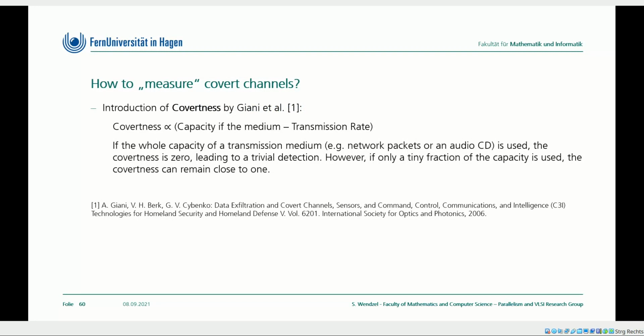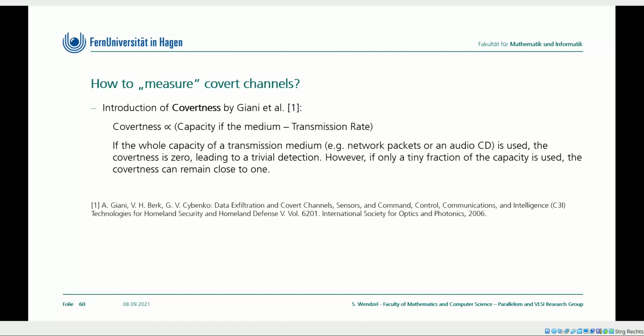Okay, so how do we describe covertness in general? Covertness is always proportional to the capacity of the medium minus the transmission rate. So if the whole capacity of a transmission medium, for instance a network packet or an audio CD, is used, the covertness is 0, which leads to a trivial detection, because we just overwrite more or less all the things we can overwrite and hide the data in it. However, if only a tiny fraction of the capacity is used, the covertness can remain close to 1.